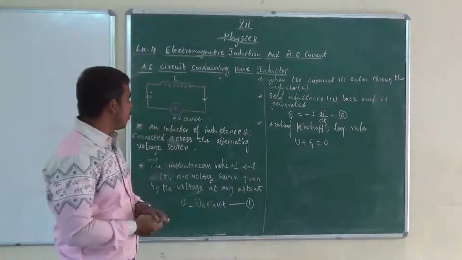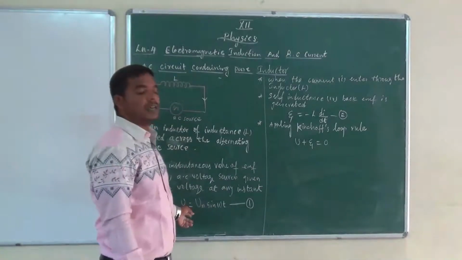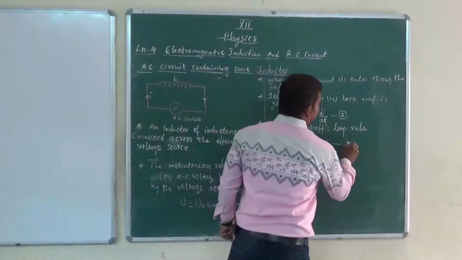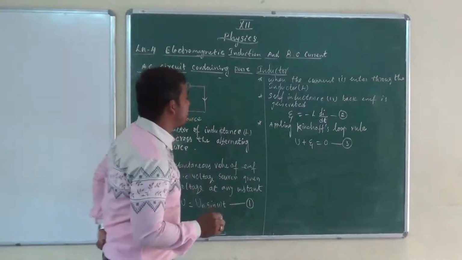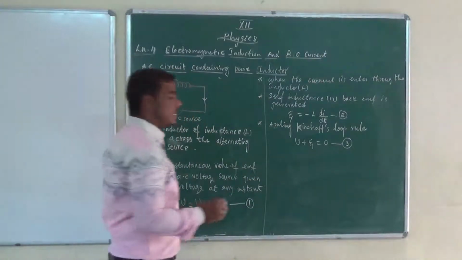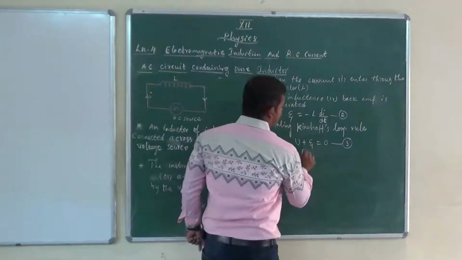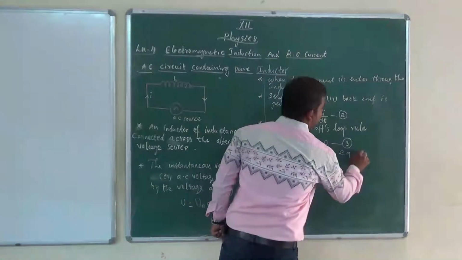The algebraic sum of the induced EMF and alternating source of voltage is equal to 0. Consider this equation number 3. Substitute equations 1 and 2 in equation number 3.